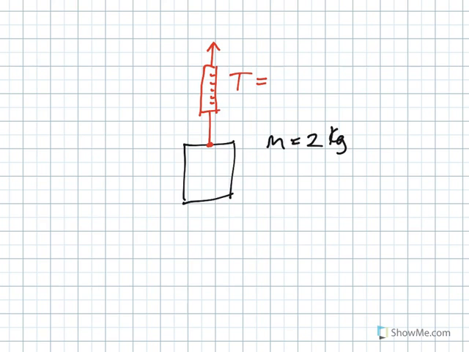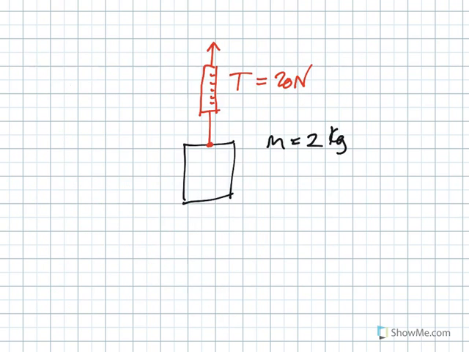Same block. This time I have a little scale attached here that shows me what the tension is. So let's say that I'm pulling this thing and this scale shows that the tension is 20 newtons. Okay, so now the question is, what is the acceleration of the block?